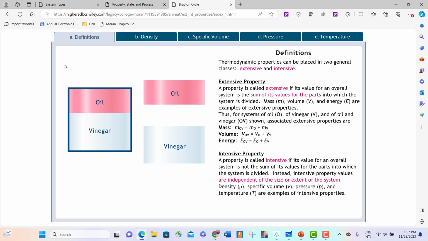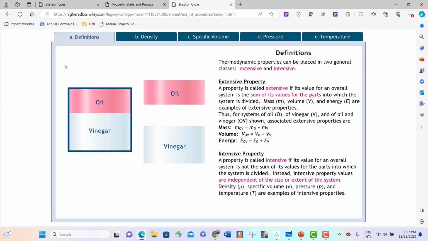And so then we are going to look at some definitions: an extensive property or an intensive property. And remember, a property that is called extensive is one for which the value for an overall system is the sum of the values for its parts. So you've got mass, volume, energy. Those are all examples of extensive properties.